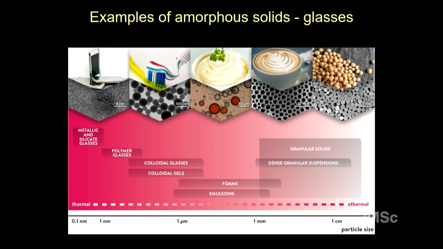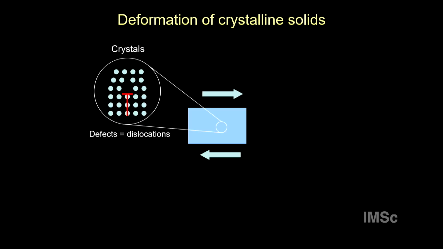You can see that the length scale can vary from nanometers to a few centimeters. It's a big umbrella under which a large number of materials fall, and this is why we want to understand the failure of these materials, because there are just too many of them. If you look around, you will see that most of the materials are amorphous rather than crystalline.